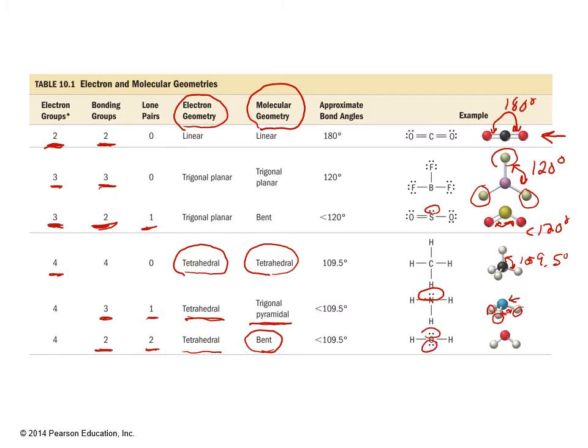The lone pairs push the bonds closer together, so our bond angle is going to be even smaller than it was for our trigonal pyramidal. And those lone pairs are not observed, but we do have a smaller bond angle, in this case between the hydrogens on our water molecule.